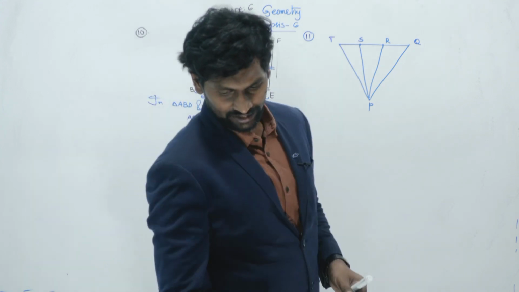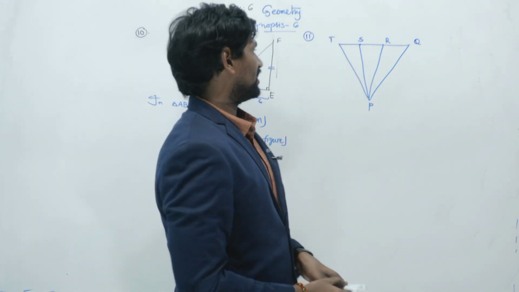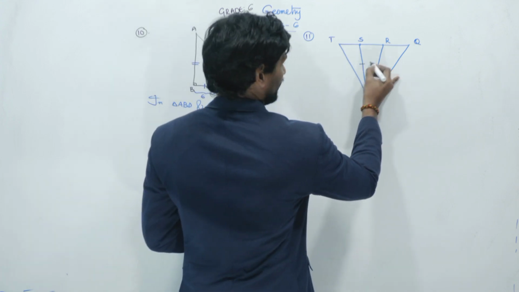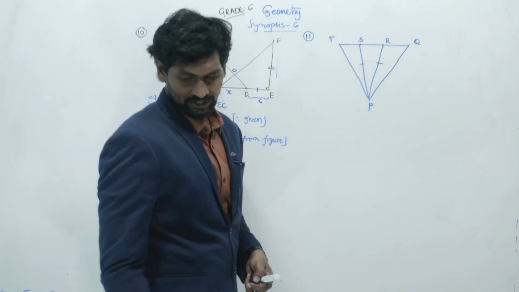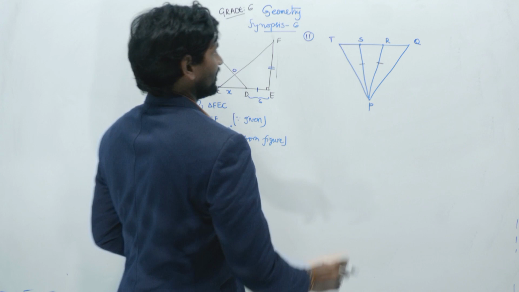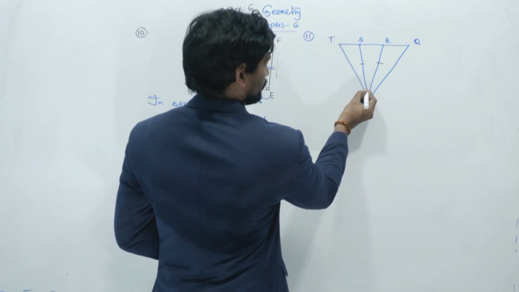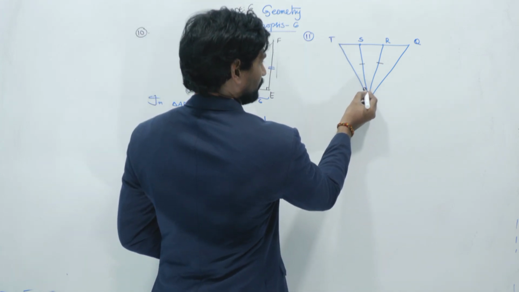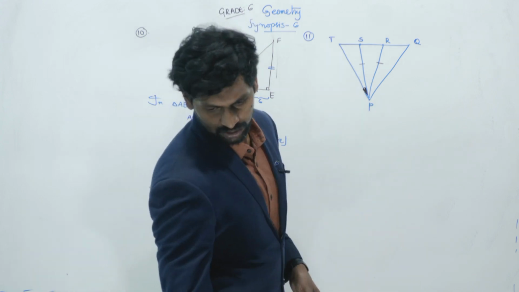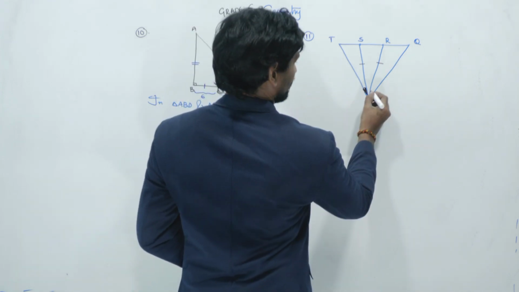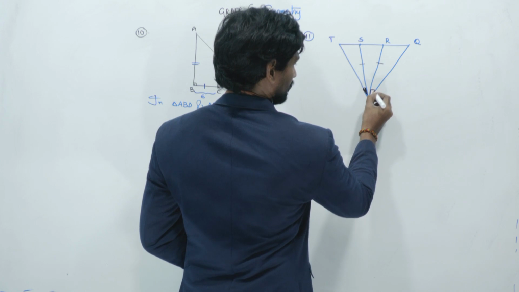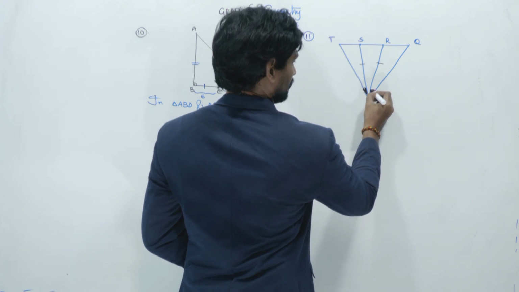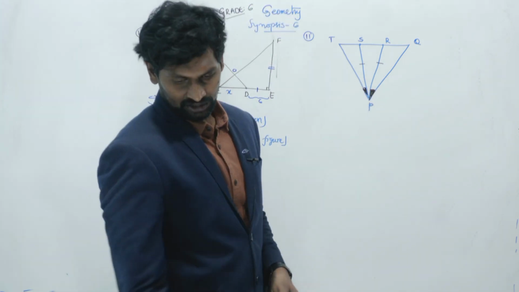So in the given figure, PS length equals PR length, and angle TPS equals angle QPR.